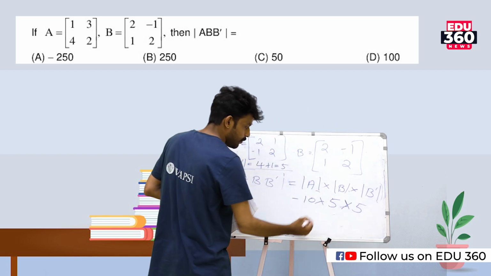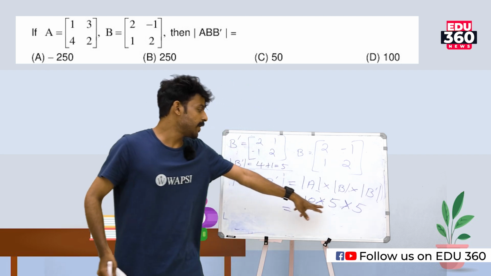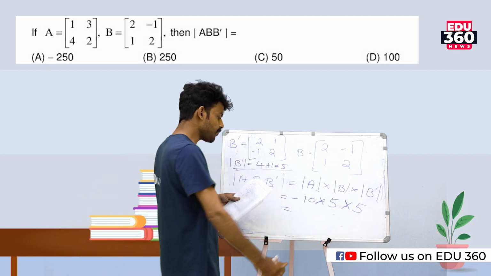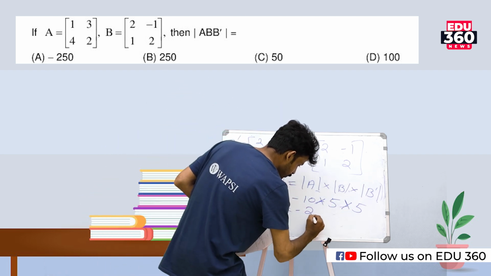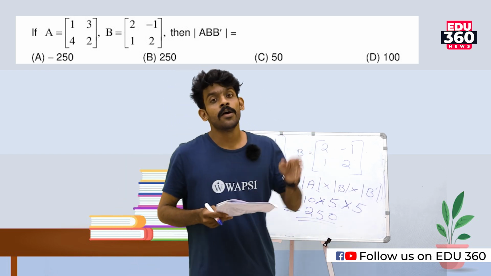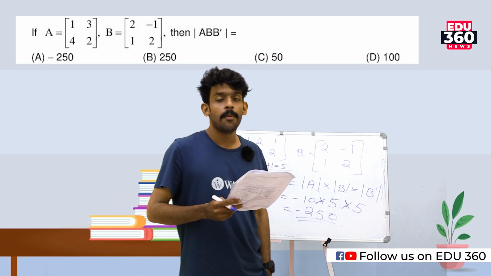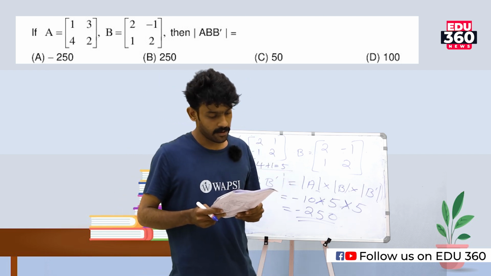So just substitute here. What is the next step? 5 into 5, 25. So the final answer is minus 250. So for the given question, option A is the correct answer. Minus 250 is the correct answer for this one.